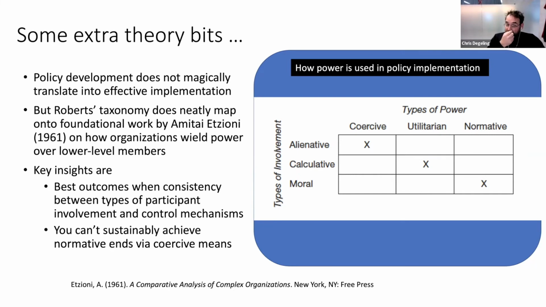And you can't necessarily sustainably achieve normative ends through coercive means. People are not going to necessarily buy normative arguments if the way the problem has been structured for them in the past is in a calculative frame.